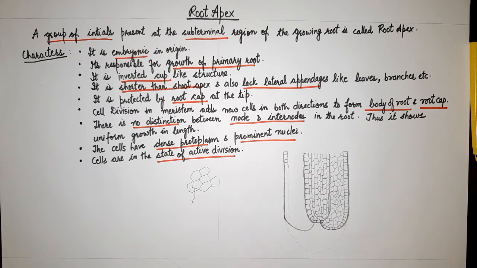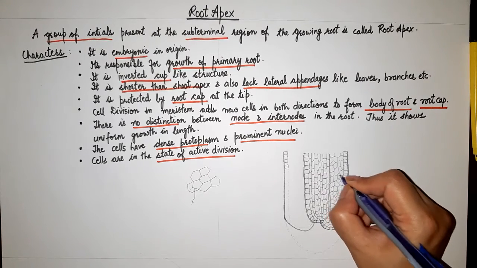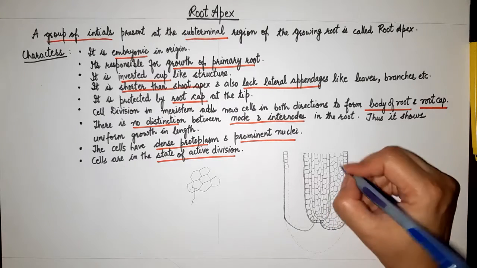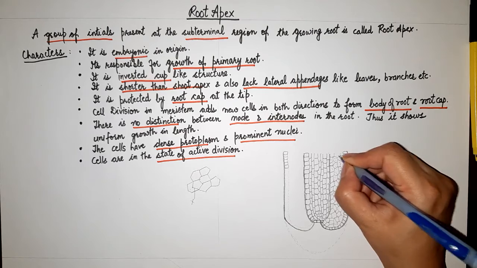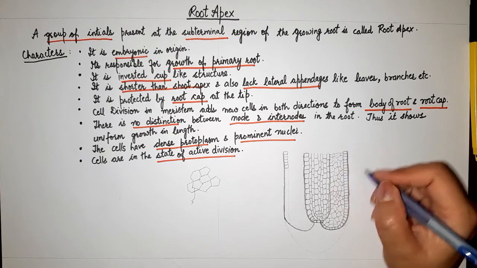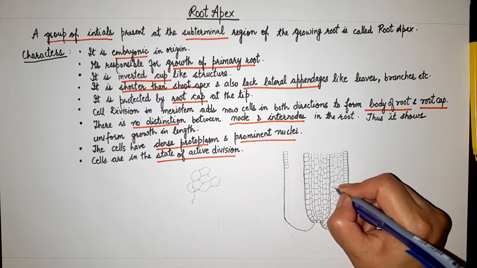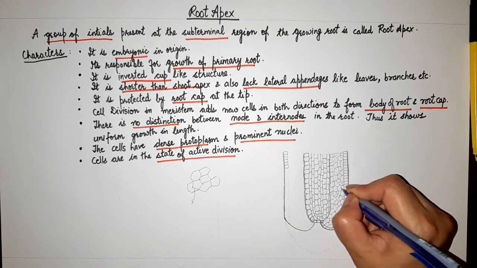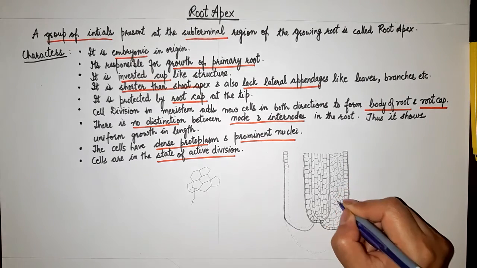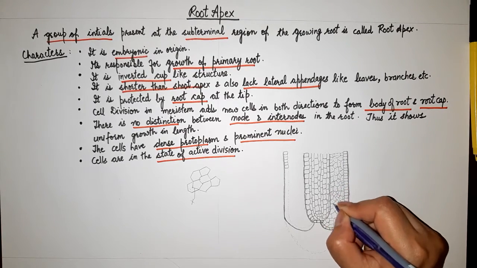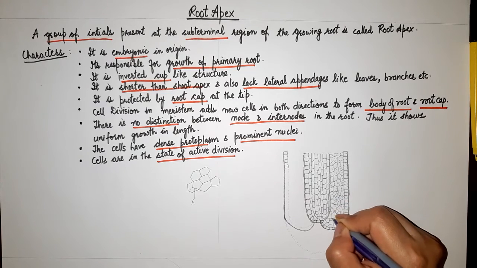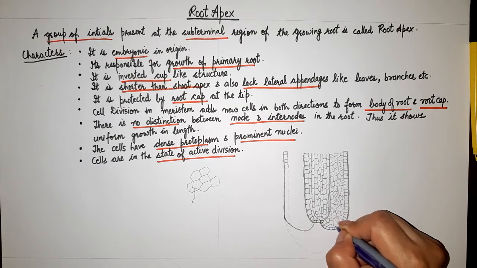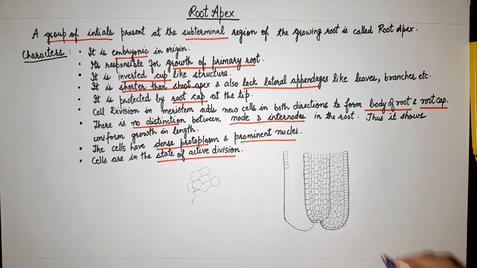And in order to differentiate these cells, we will make them dotted so as to separate dermatogen and central cylinder from this. Similarly, you will draw cells on the other side.